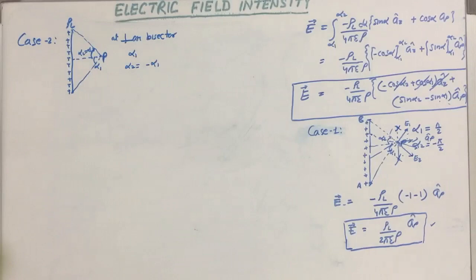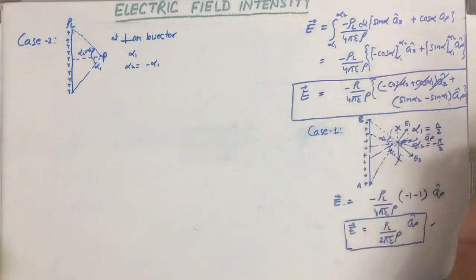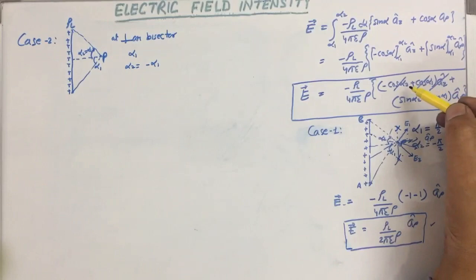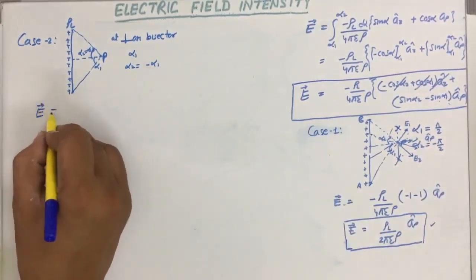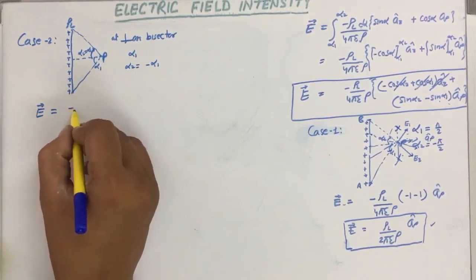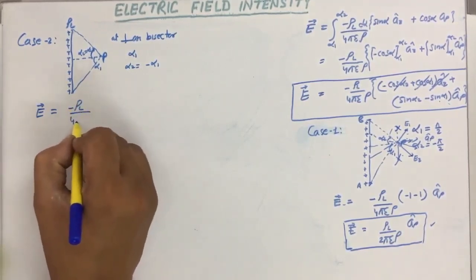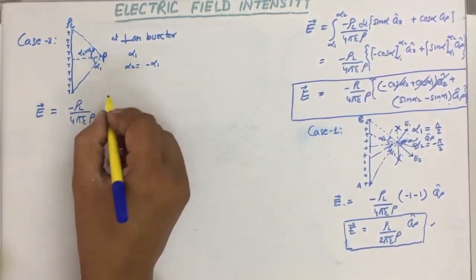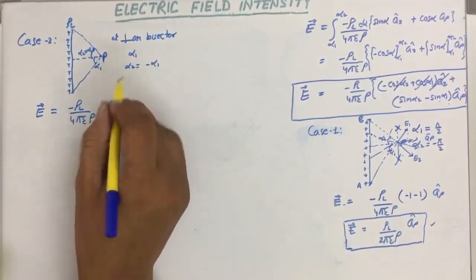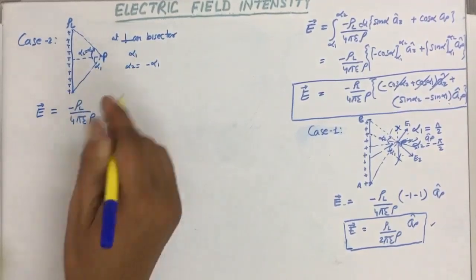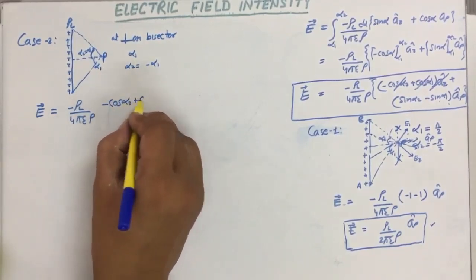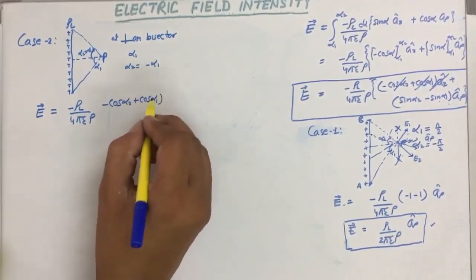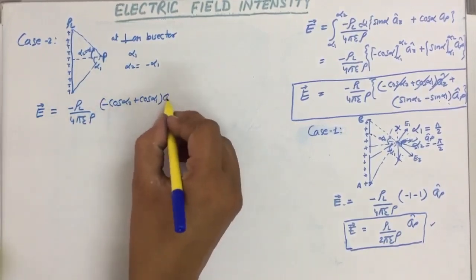If you put it there, then, okay, write the formula once again to make things visible. 4 pi epsilon rho, minus cos alpha 2 plus cos alpha 1 in the direction of AZ.